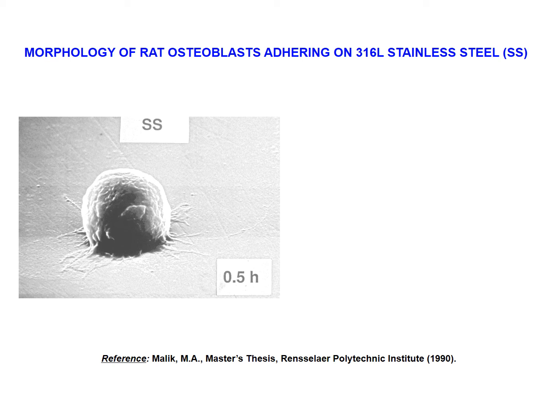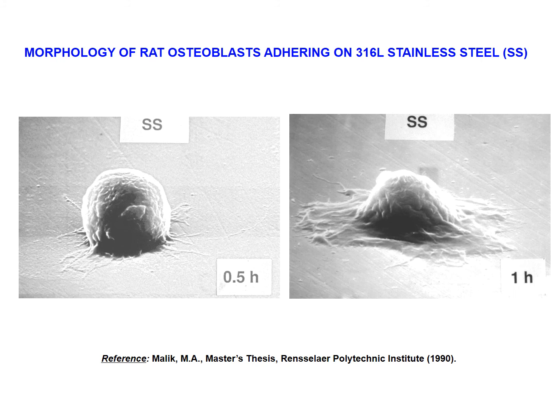The cell is still very spherical, but it has already made contact with the substrate by extending these finger-like projections and sometimes wider interactions of the cytoplasm with the substrate.